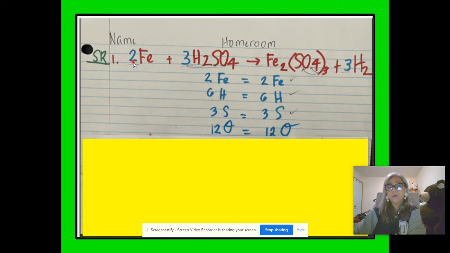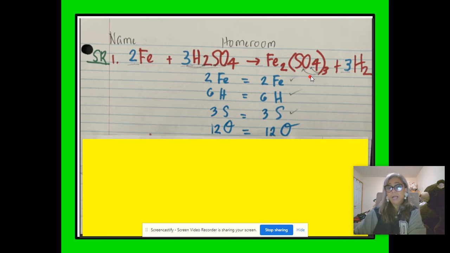What you can do would be to adjust the number outside. So notice if I put here a 2, 2Fe. If I have 2Fe on the left side, it should be that on the right side, I should also have 2Fe, which is correct. So the iron or Fe atoms now are balanced, right?